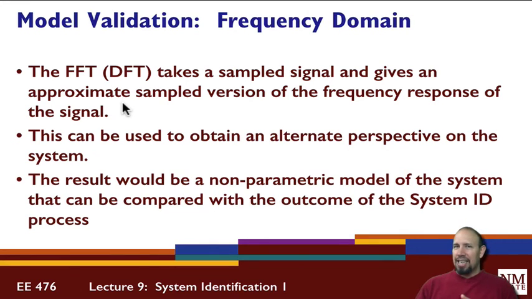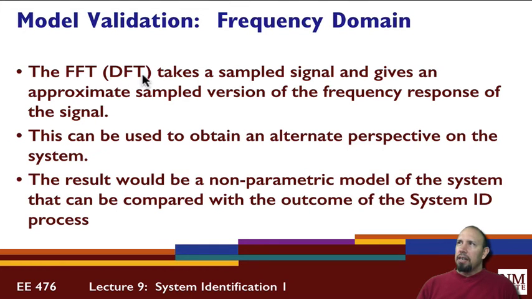Our data is collected in the time domain, and the frequency domain is an alternate way of looking at the same data. If things compare well in the frequency domain, that's a pretty good way of evaluating whether it's a good fit.